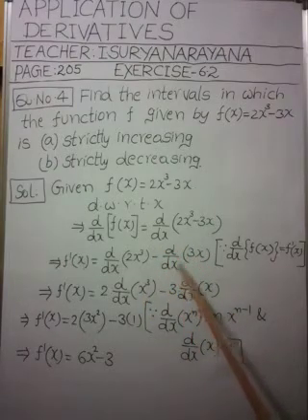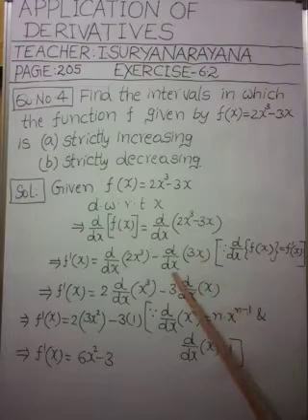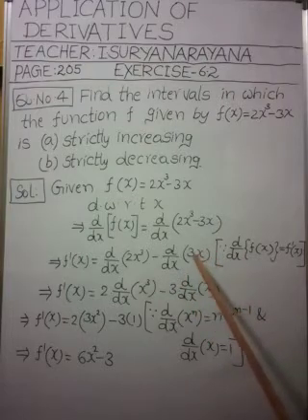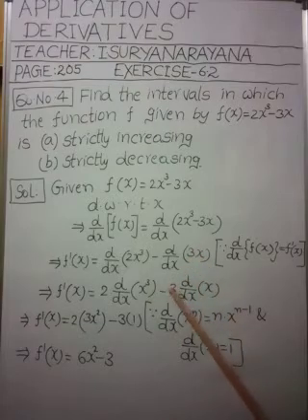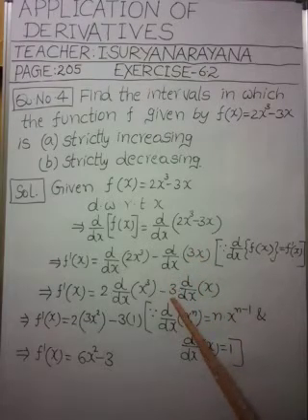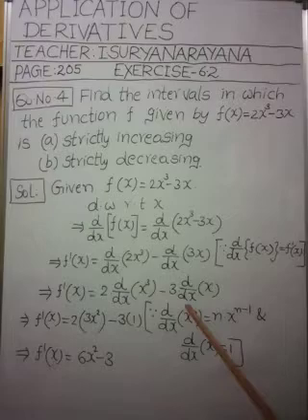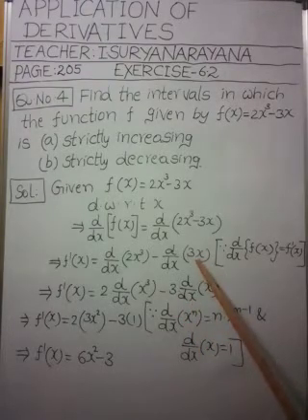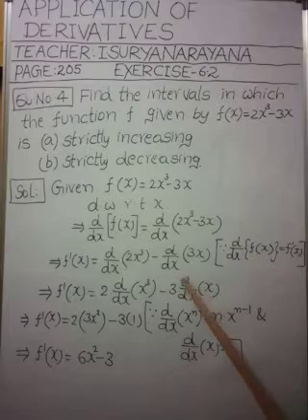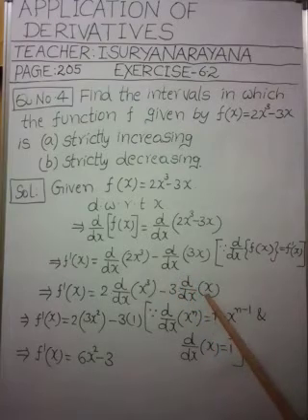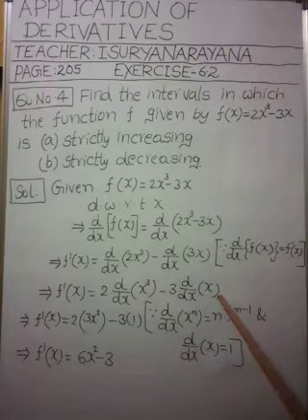What is there? D by dx of 3x. In this term also, there is a numerical coefficient, that is 3. So we write the numerical coefficient 3 before the differential operator d by dx. Then what will be left here? X only. So minus 3 into d by dx of x. Understood this second term?